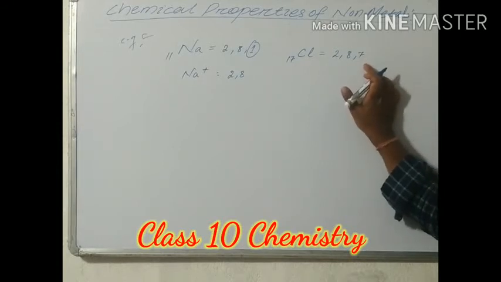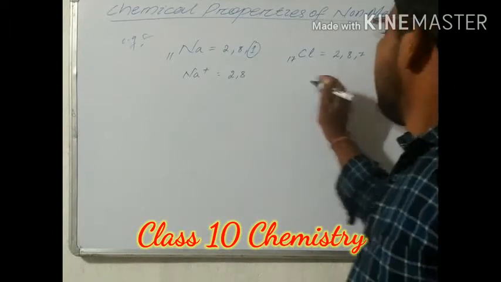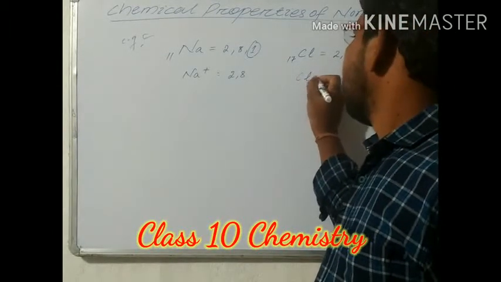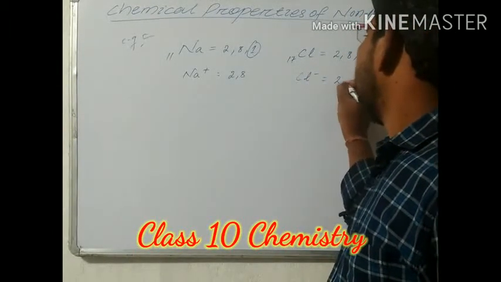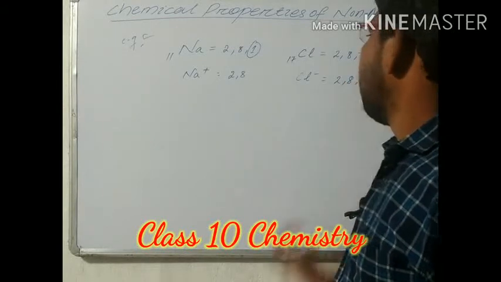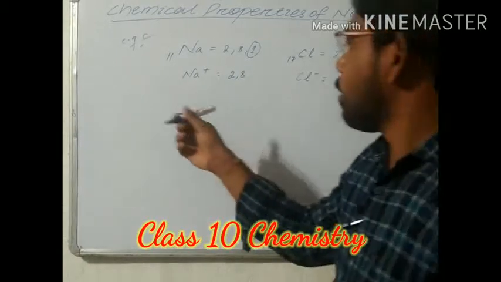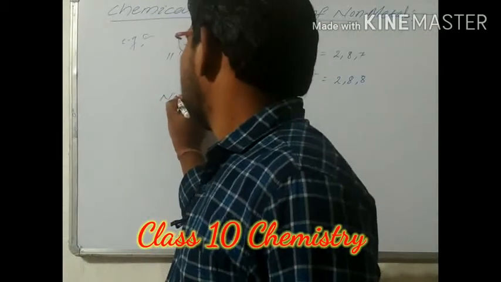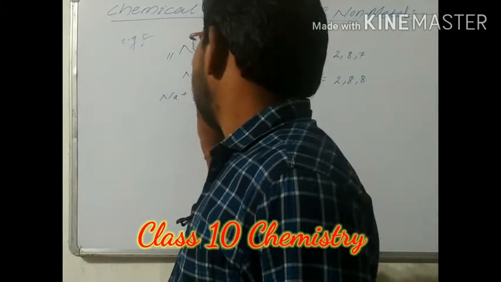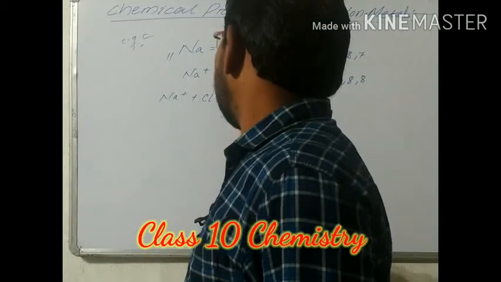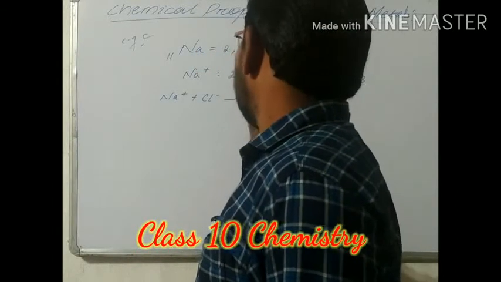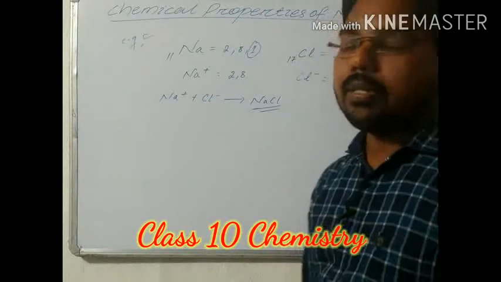That's why it gains 1 electron and forms the Cl- ion, with electronic configuration 2, 8, 8. By the reaction of this Na+ and Cl-, sodium chloride is formed. This sodium chloride is a salt. This is the common salt.